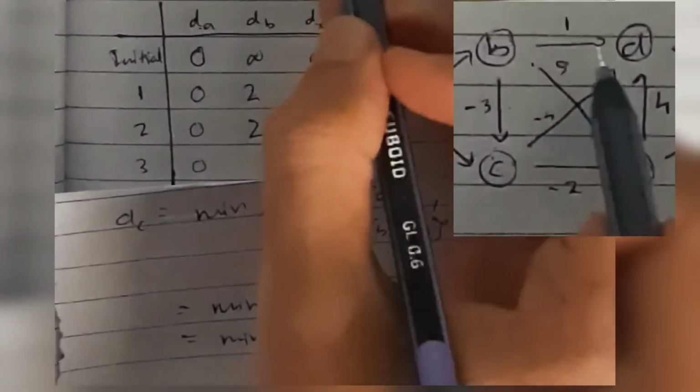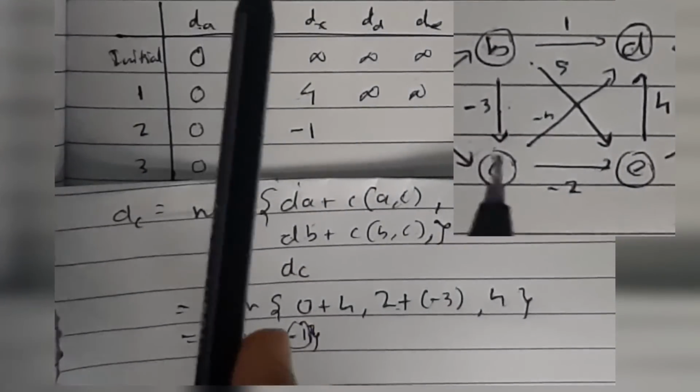For the vertex D, observe here carefully. For vertex D, how many ways are there?